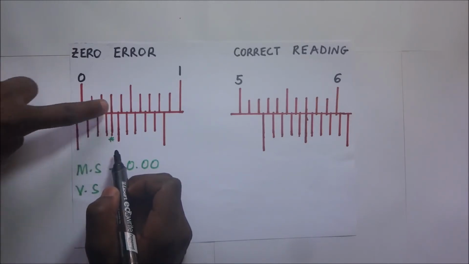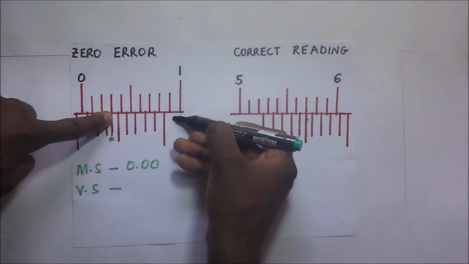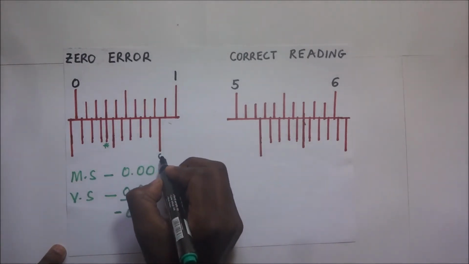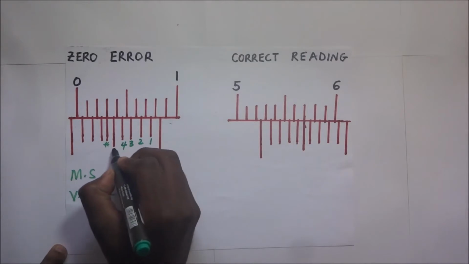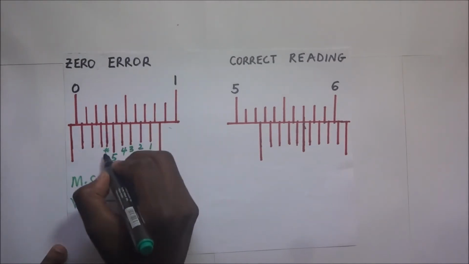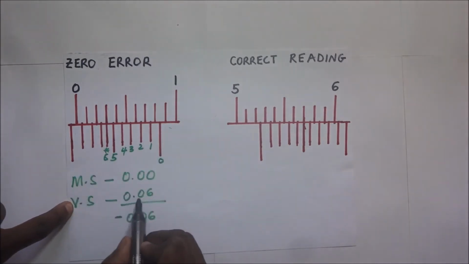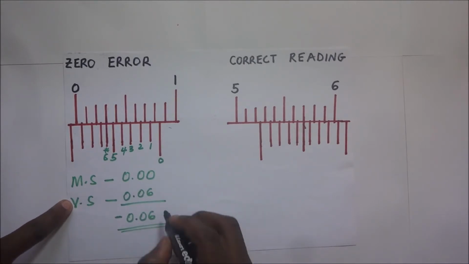So instead of counting from here to come up to that, we are going to count backwards this way. In this case, it is going to be 0, 1, 2, 3, 4, 5, 6. It is the sixth one that is coinciding. So the vernier scale reading here is going to be 0.06. That is a negative error, negative 0.06 centimeters.